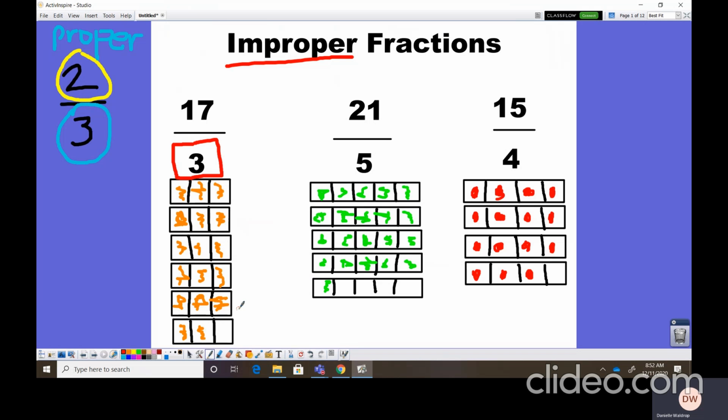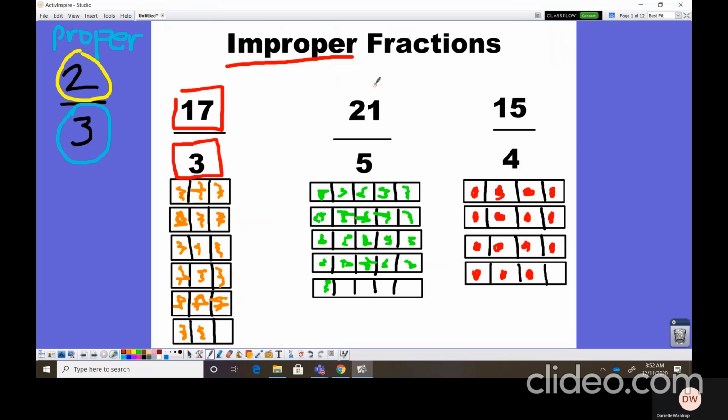Then I went back and colored in 17 of them: 1, 2, 3, 4, 5, 6, 7, 8, 9, 10, 11, 12, 13, 14, 15, 16, 17. Notice one was not colored because that would make 18, and I only needed 17. So that would be 17/3. I split my rectangles into thirds and colored in 17 of those.